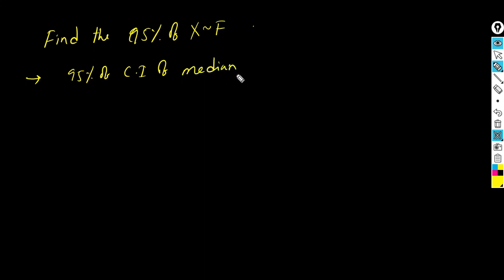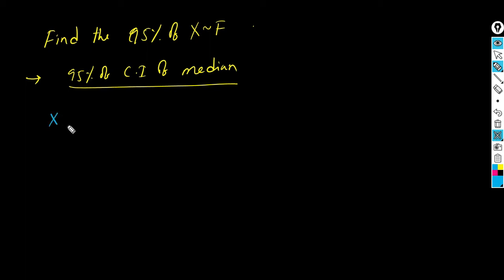Find the 95% confidence interval of data X with a distribution F. I need to find the confidence interval for the median, suppose the 95% confidence interval of the median. This is the problem statement.